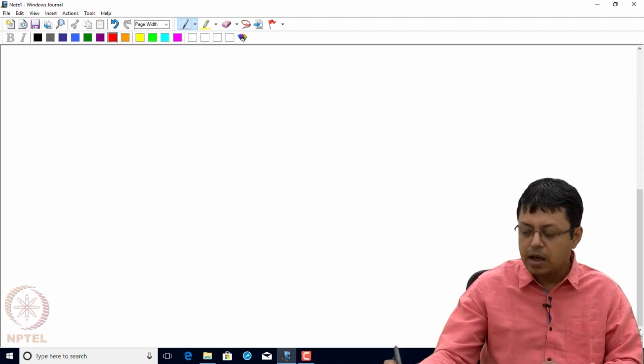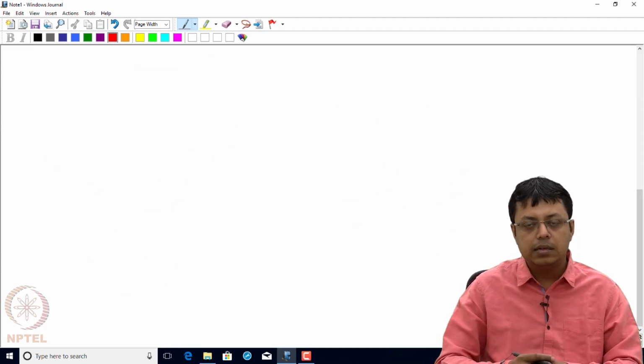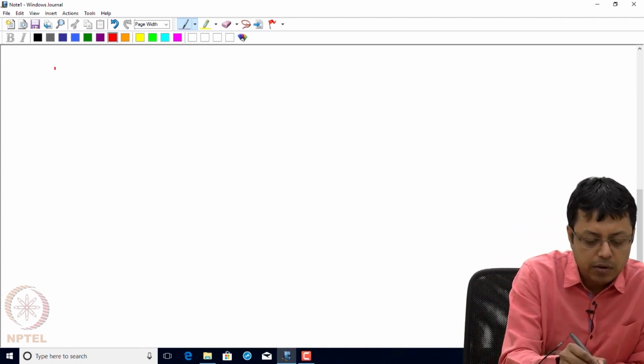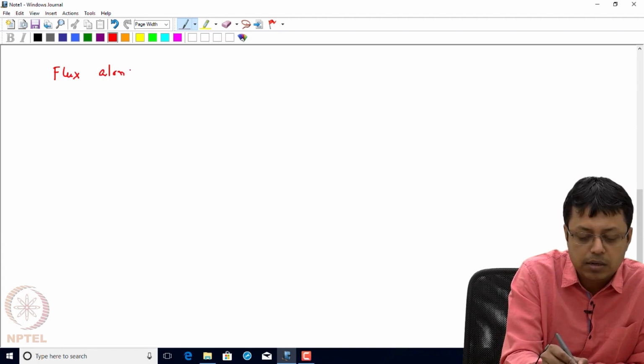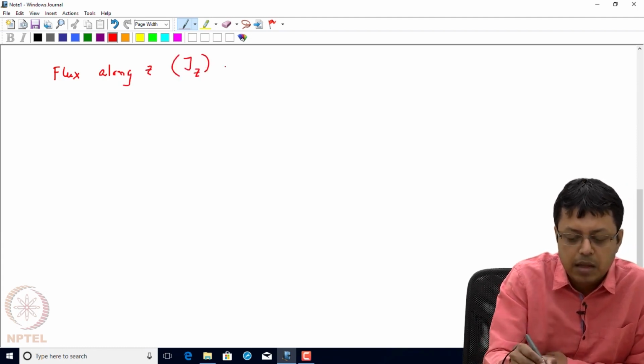is what this flux is. Whatever we have said so far, there is some quantity called flux, and in this case we are talking only about the flux along the z direction, which we wrote as j suffix z.